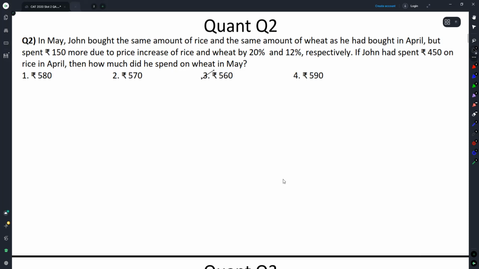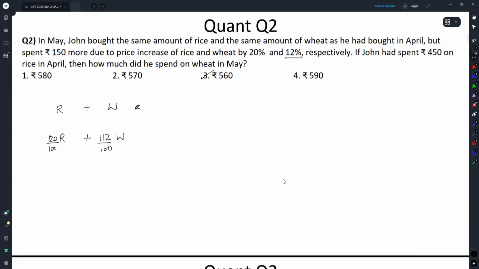But again, let's solve it properly. Previously it was rice and wheat. And this was equal to, in the subsequent period, it became 120 by 100 rice plus 112 by 100 wheat.